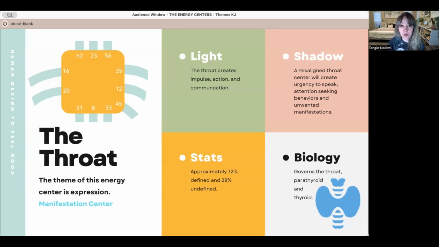A defined throat will consistently create expression. It will consistently manifest, particularly via whatever energy center it's connected to. If it's connected to a motor center, we're automatically going to have a manifestor or a manifesting generator. But if there's a defined throat and it's connected to one of the awareness centers, you have the potential to be a different type. So defined throat is consistently creating, consistently manifesting via what it expresses.